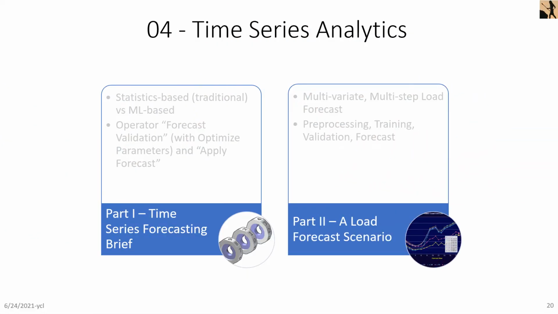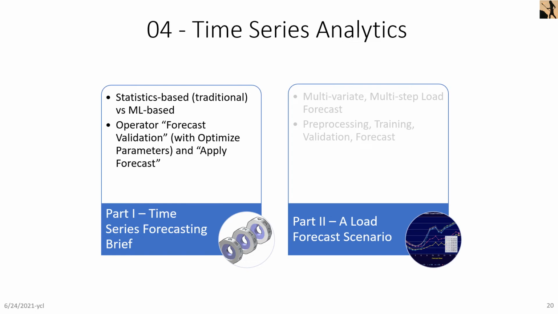RapidMiner does have a comprehensive set of operators for both statistic-based and machine learning-based approaches for time series problems. And this tutorial will first talk about both. And moving a little bit into the flavor of machine learning by using operators like forecast validations and with the optimization parameters and apply forecast, right?